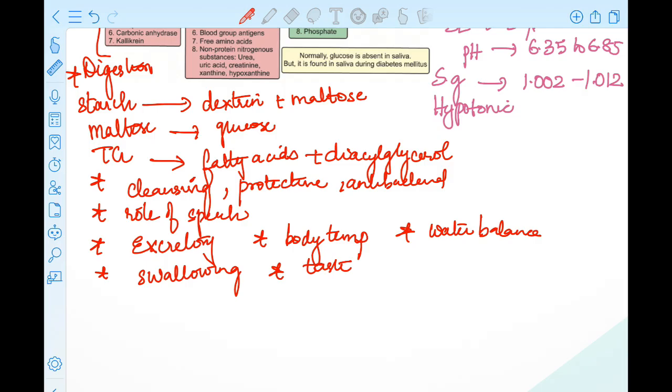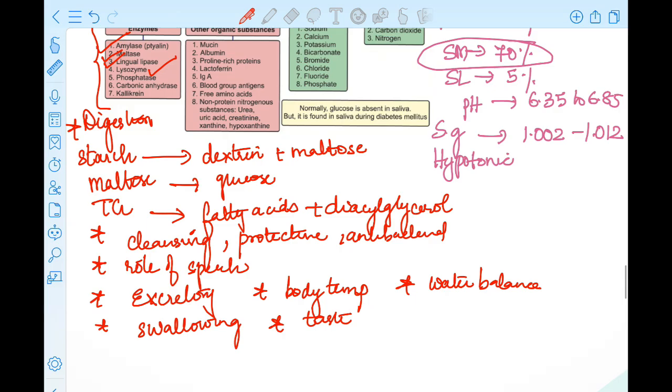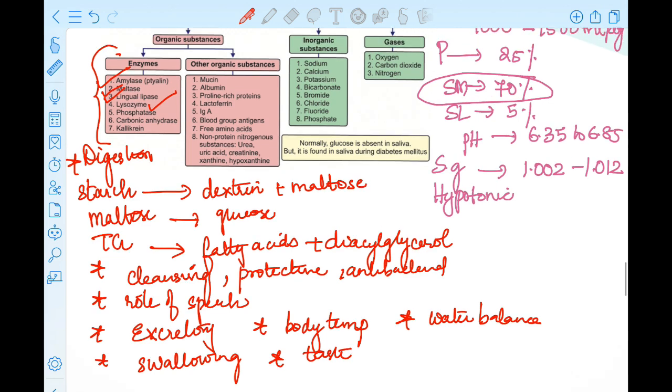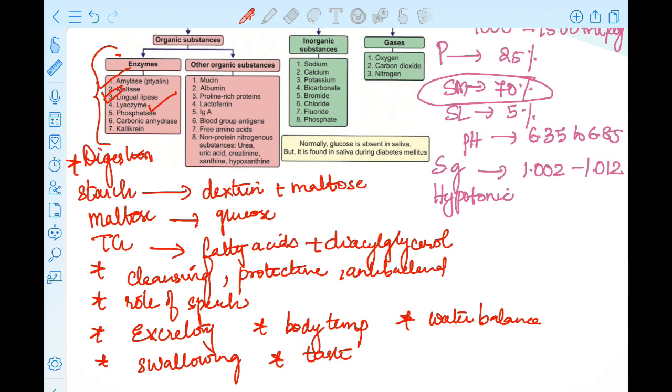So these are the functions. And the digestive enzymes are very important, especially the salivary amylase, the salivary maltase, and the lingual lipase, which I have already discussed now. And these three enzymes will need an acidic activator that will help in splitting the major component into simpler substances. Okay.